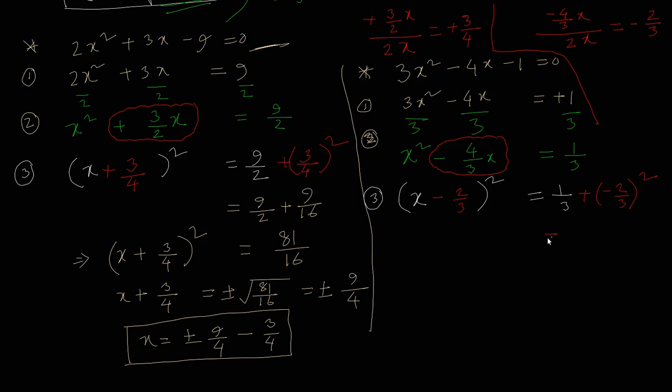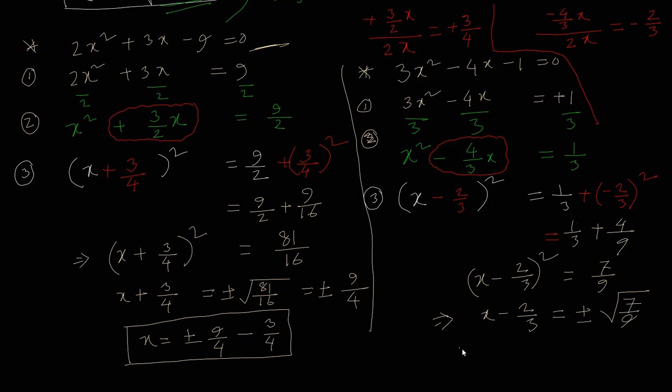If I do a little number crunching on the other side, I have 1 over 3 plus 4 over 9, which gives me 7 over 9. So x minus 2 over 3 square is 7 over 9, and I get x minus 2 over 3 equals plus minus square root of 7 over 9.